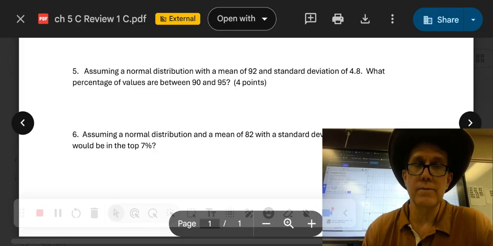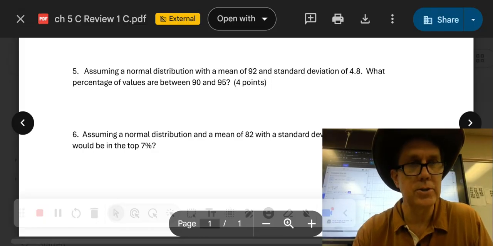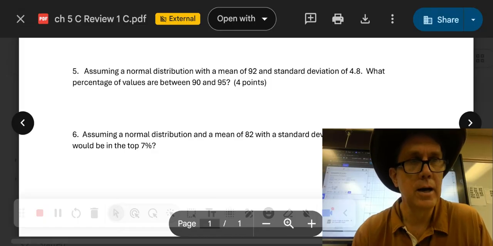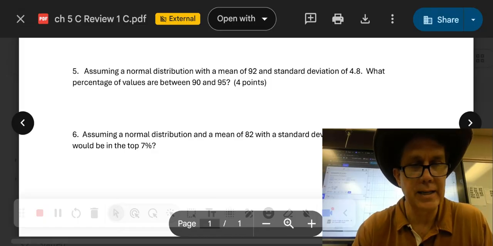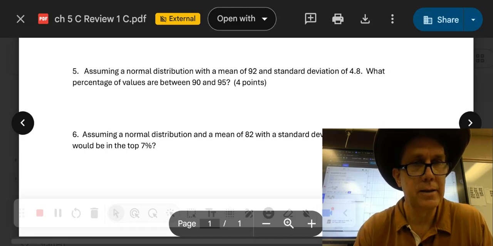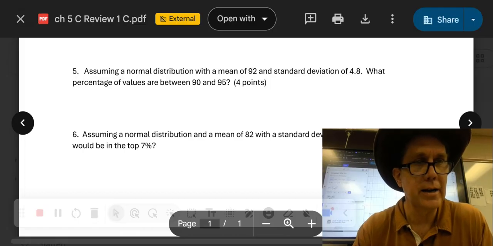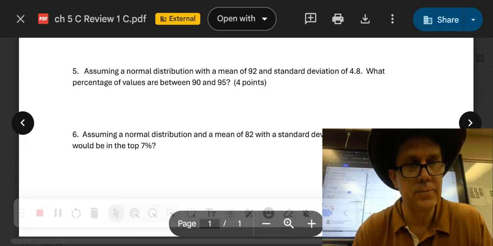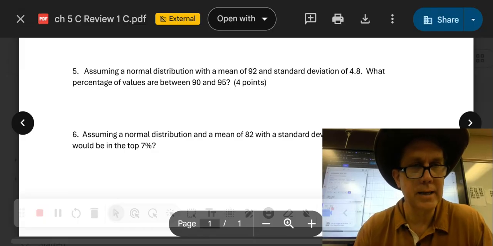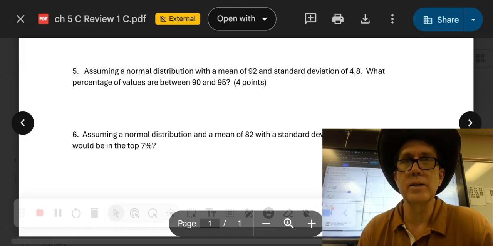I'm going to give you credit for the formula. There are two z-scores you would do. The two z-scores, z equals 90, subtract 92, over 4.8. So negative 0.41 is the first z-score, and 95, subtract 92, over 4.8 is the second one. So if you give the two z-scores, just make sure you give the answer in context.